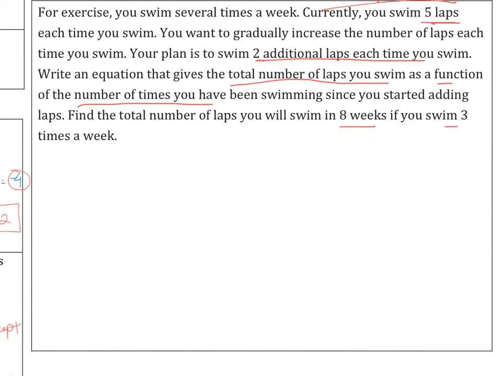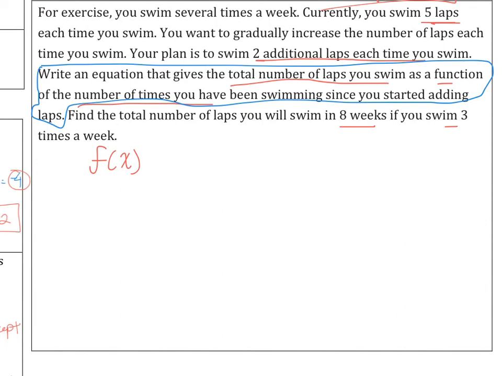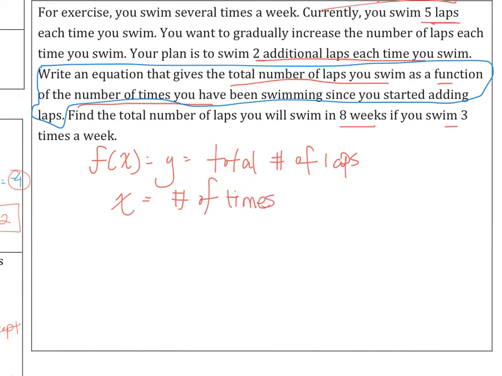Okay, let's first take care of the first part of the question. Let's define our variables. F of x, or y, will be the total number of laps. X will be the number of times you swim.